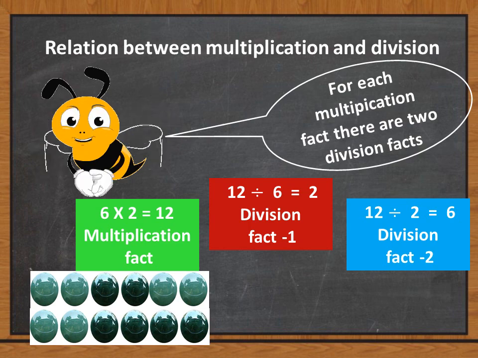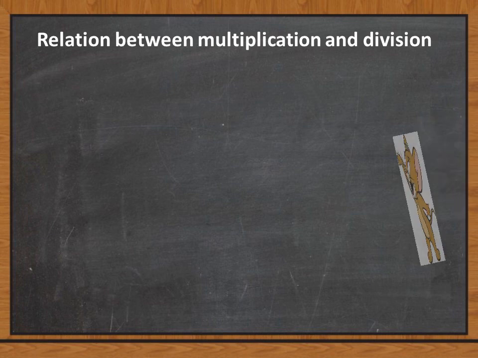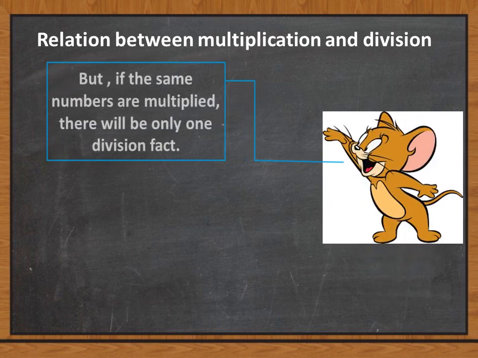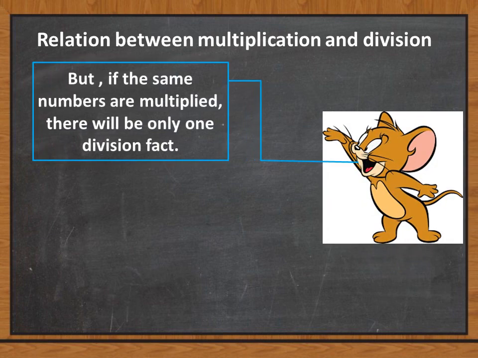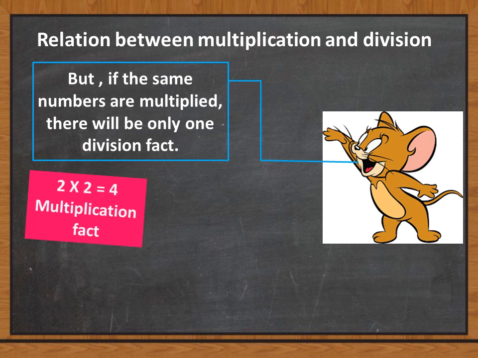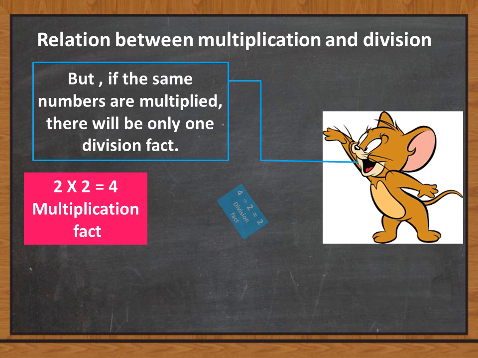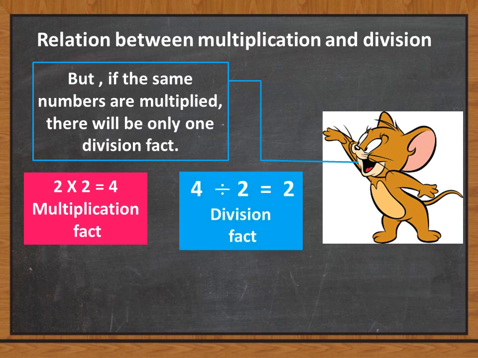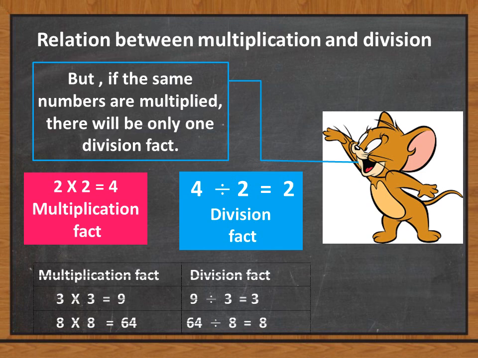Let us see some examples. If the same numbers are multiplied, there will be only one division fact. Look at the example. 2 into 2 equals to 4. This is multiplication fact. For this, division fact is 4 divided by 2, which equals to 2. So let us see some more examples. 3 into 3 equals to 9.